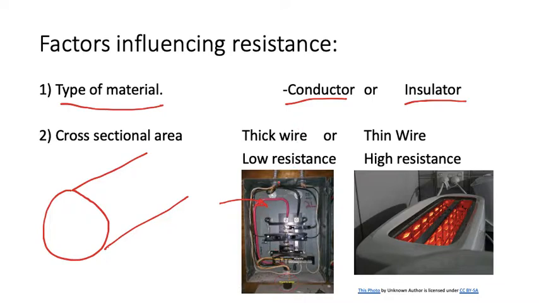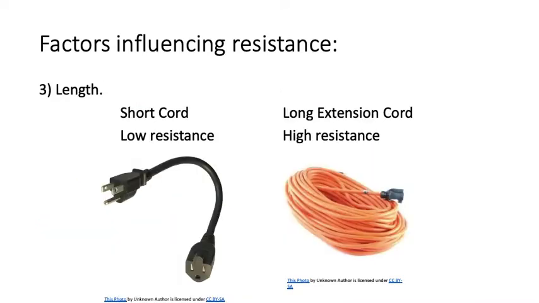And so it has low resistance. We want it to have low resistance so it doesn't overheat. If you go to your toaster and you peer inside your toaster, you see that there's some very, very thin wires. Those very thin wires slow electricity down a great deal, and they actually turn electrical energy into heat energy. And that's how your toast gets toasted, and that's why they glow bright red and hot. Okay, so factors influencing resistance: type of material, cross-sectional area. Let's look at some more.